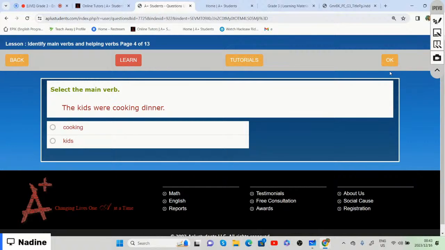We need to select the main verb. The kids were cooking dinner. Is it cooking or kids?